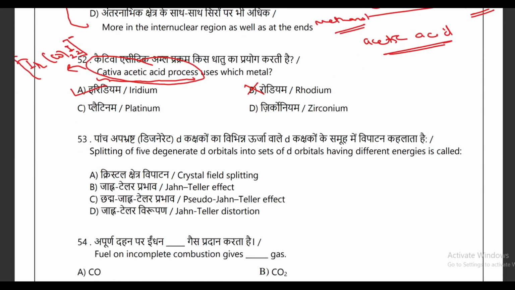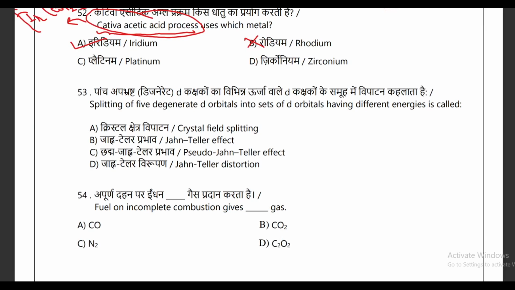In the next question, they are talking about splitting of 5 degenerate d orbitals into set of d orbitals having different energies called. So the degenerate orbital splits into two sets of d orbitals of different energy that occurs according to crystal field splitting. So correct answer is A in this case.